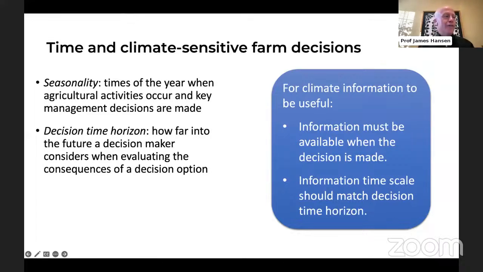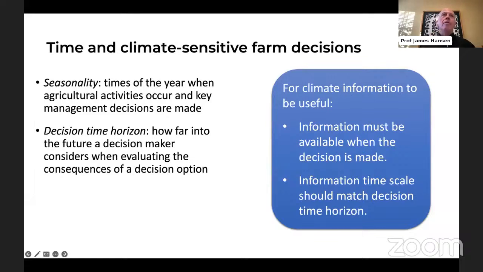So let's think of an obvious example. A groundnut farmer in Senegal needs to decide what variety to plant. So that farmer has to make that decision before she can buy seeds.